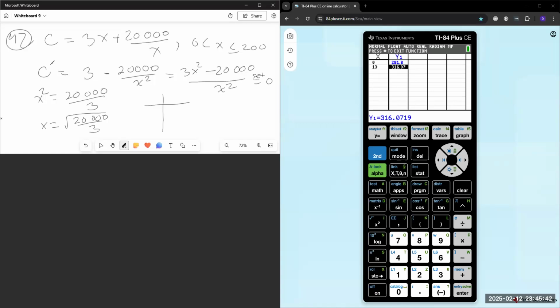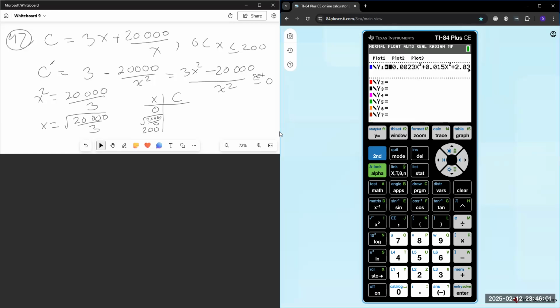So let's go ahead and check my endpoints. So root 20,000 divided by 3. Let's check that in the calculator here. So clear, it's going to be 3x plus 20,000 divided by x. Second table, 0 is an error, can't do that.